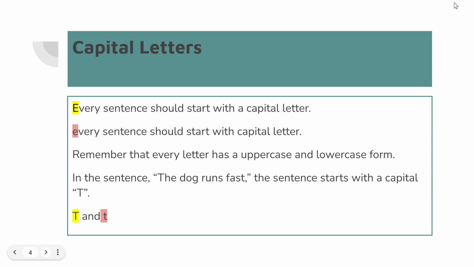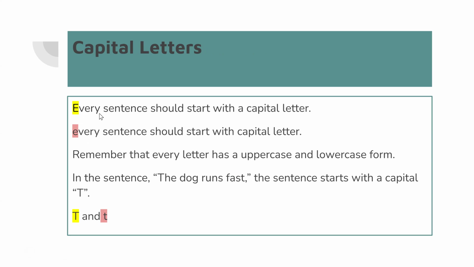So just like we saw in the last slide, in the second sentence, the first word of the sentence started with a capital letter. And every sentence should start with a capital letter. So here we can see, even in this sentence, every sentence should start with a capital letter.